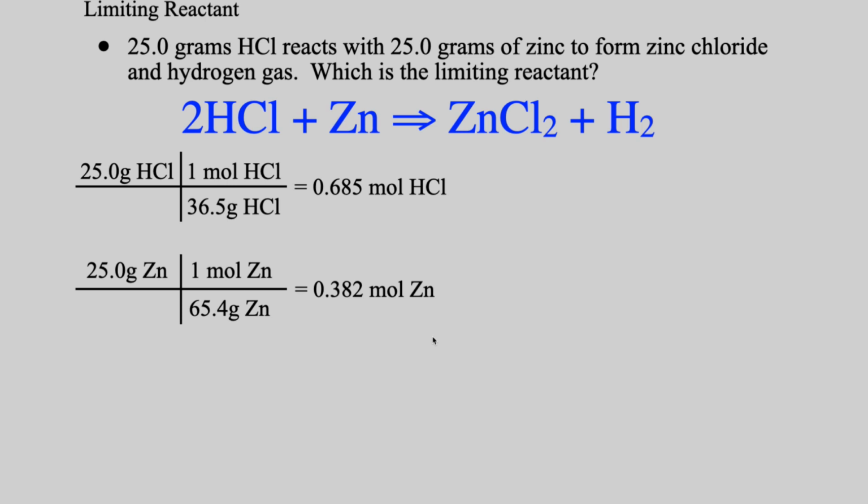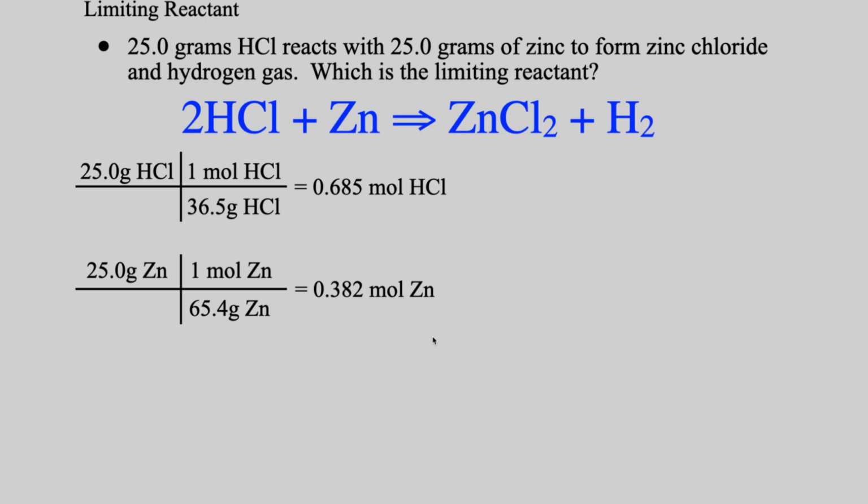So just like dividing by the masses of the frames and the wheels and the seats to find out how many frames and wheels and seats we have, we just divided by the formula mass to tell us how many particles we have, moles of particles.